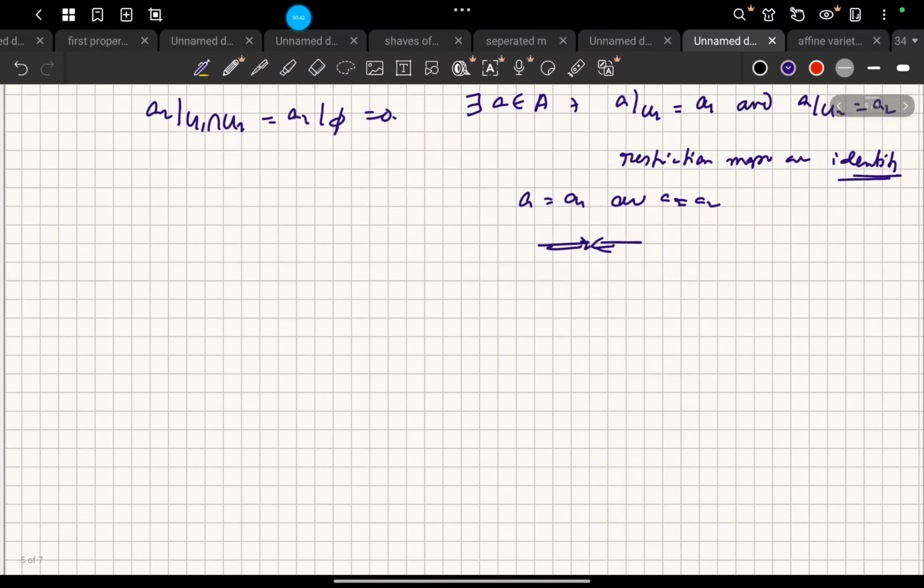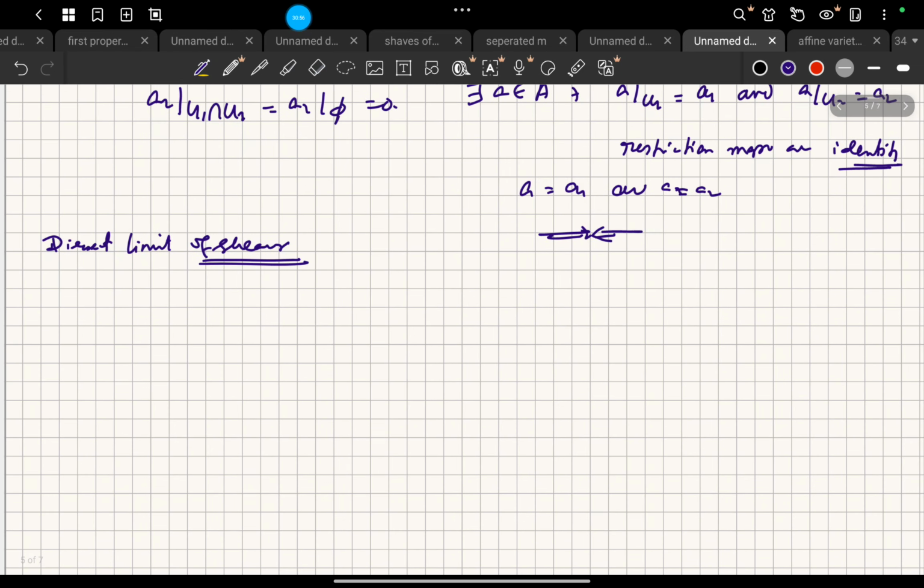In fact, there are some more presheaves that are not sheaves. We will study something called the direct limit of sheaves, and this is also not a sheaf. It is a presheaf but not a sheaf.